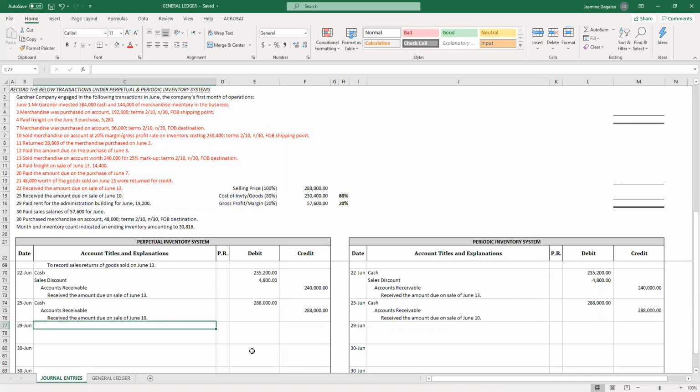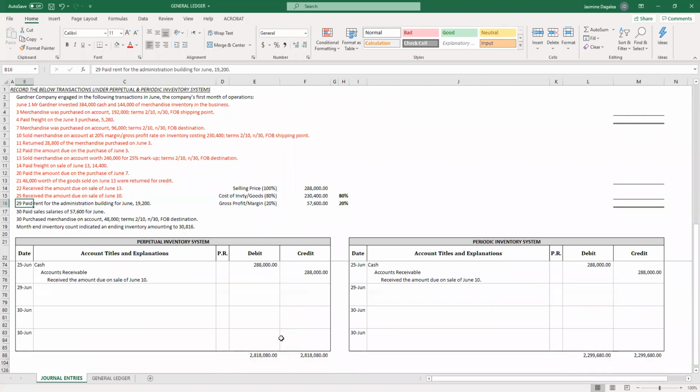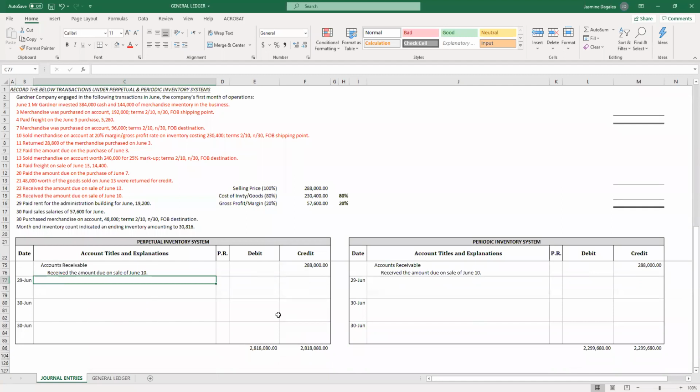And then, next transaction, June 29. Paid rent for the administration building for June, 19,200. So, what is your entry? Normal. Rent expense. Debit rent expense.